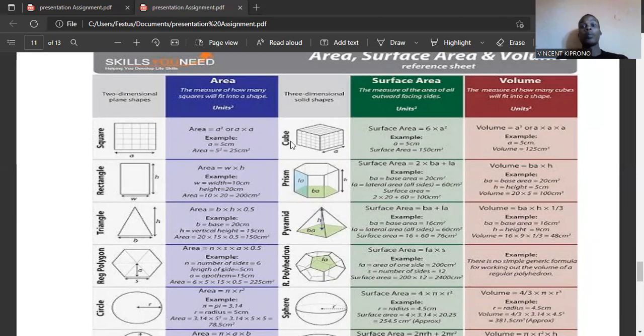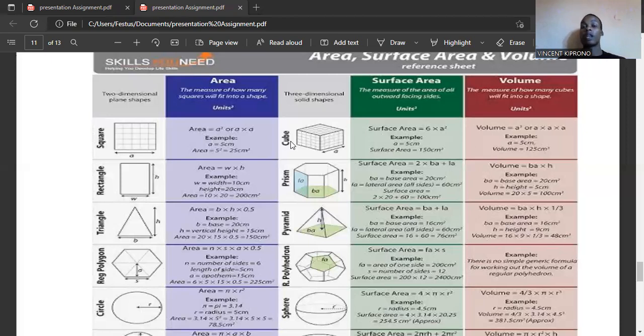We shall start with a cube. Surface area of a cube is, okay, a cube, we have 6 sides. So it will be 6 times, that's 6. We have also a surface area of a prism.